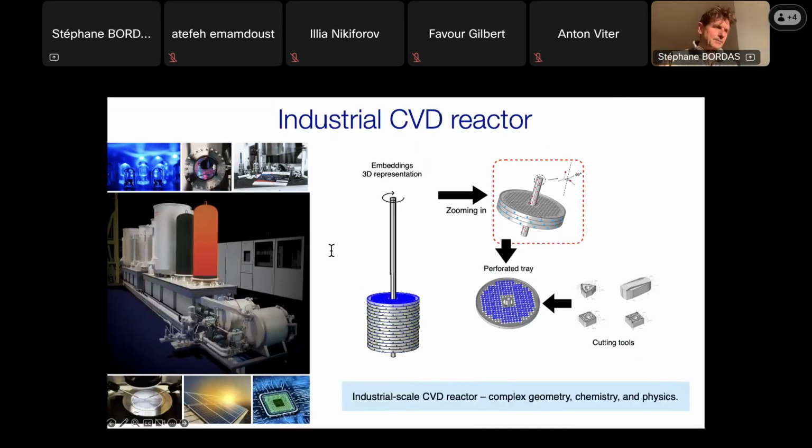So here's an example where we have been working with, as I said, Eleni Koronaki, who's now at LIST. She was a Marie Curie fellow in my team, and she worked a lot with a company called Surrogate in Luxembourg, which is one of the leaders in a process called chemical vapor deposition.